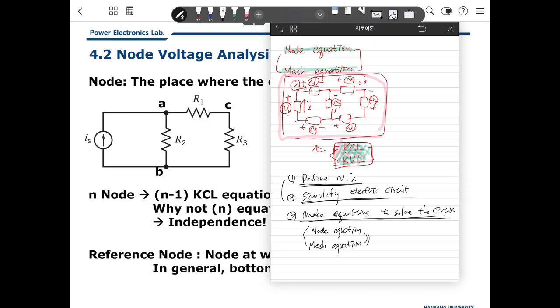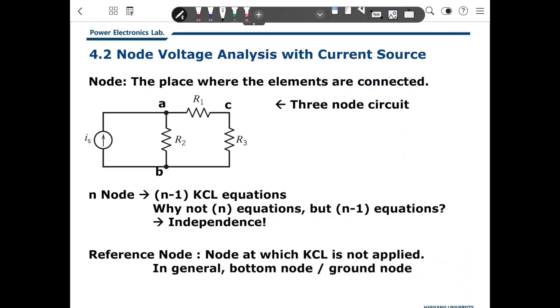This is a kind of methodology to solve electric circuits. Based on these equations, we can solve the voltage and current with simple equations. The first technique is node equation. Today we'll do the node equation.